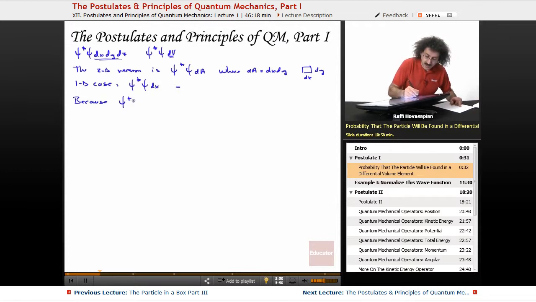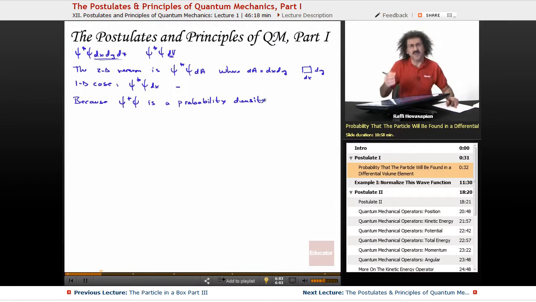Okay, now because this C star C is a probability density, or if you want to just refer to it as a probability, that's fine.